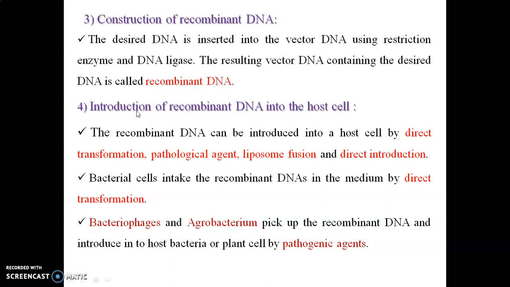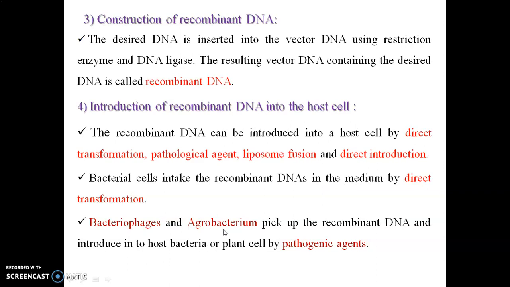Fourth, introduction of recombinant DNA into the host cell. The recombinant DNA can be introduced into a host cell by direct transformation, pathogenic agents, liposome fusion, and direct introduction. I will discuss them one by one in detail. Bacterial cells take in the recombinant DNA from the medium by direct transformation.